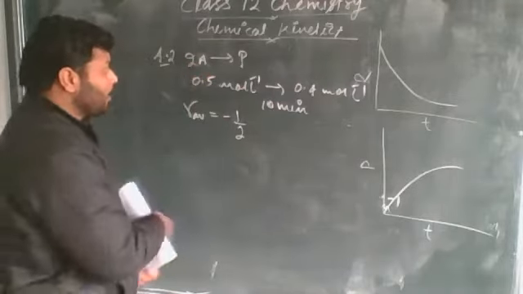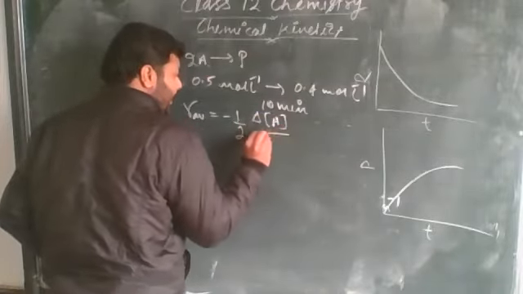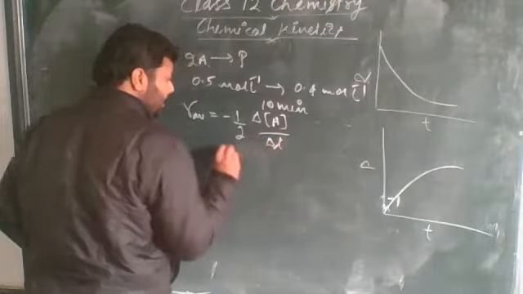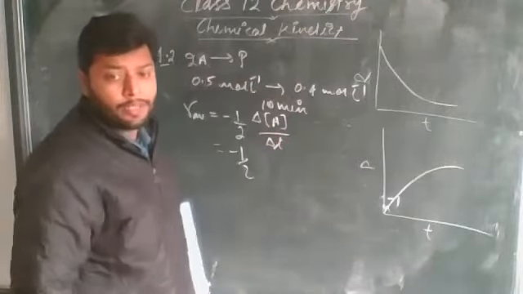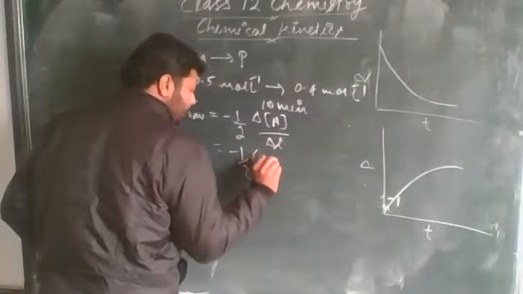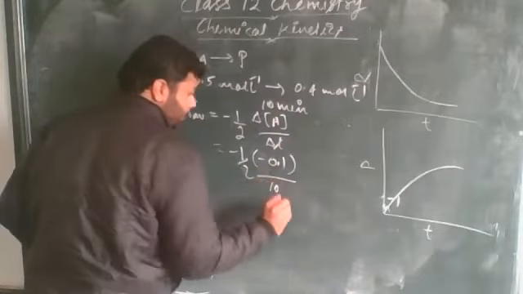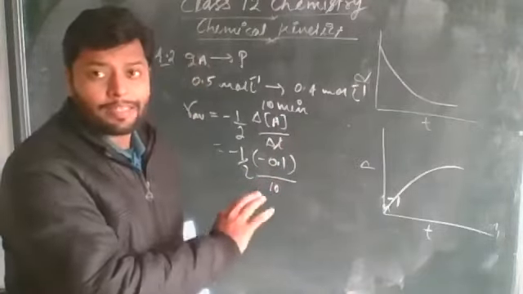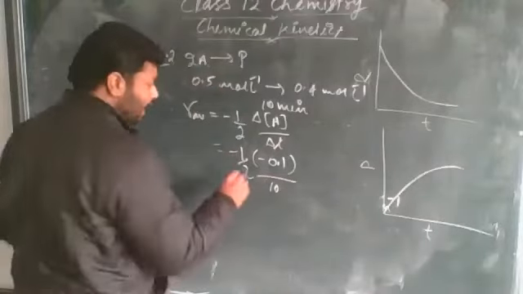So the formula is minus 1 by 2 delta A upon delta T. Delta A value will give you minus 0.1, and delta T is 10 minutes. The answer will come in minute inverse. So you can solve the value.